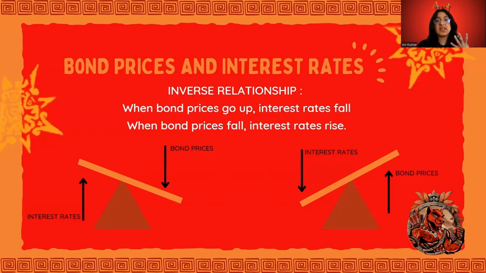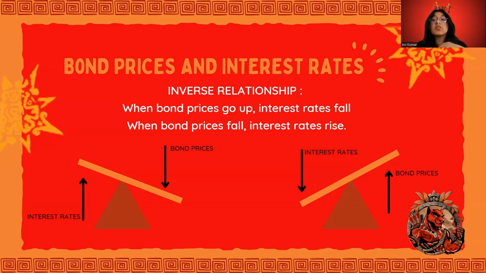So again, this is a similar relationship with bond prices and interest rates. When bond prices go up, interest rates fall, and when bond prices fall, interest rates rise. Now let me explain this. Let's say the interest rates have risen in an economy.